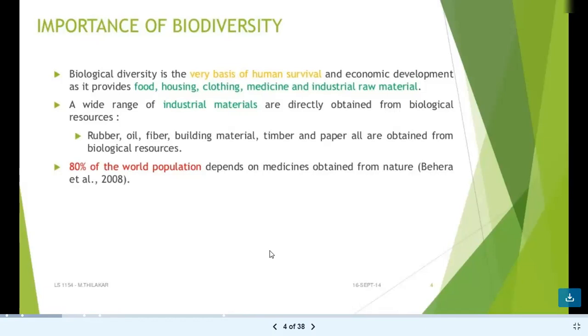Second, a wide range of industrial materials are directly obtained from biological resources, such as rubber, oil, fiber, building material, timber, and paper. All are obtained from biological resources. 80% of the world population depends on medicines obtained from nature.